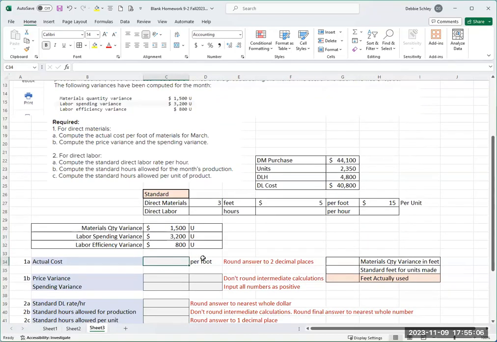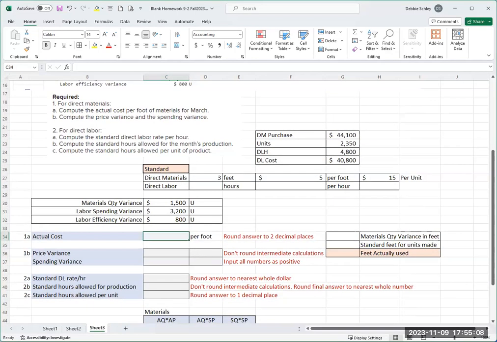cost per foot. Well, they told me that there was a materials quantity variance of $1,500, and it was unfavorable, which means I used more product than I was supposed to.